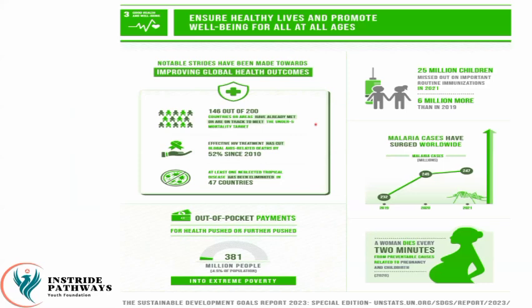And another achievement so far is that deaths have reduced. Effective HIV treatment has been put in place, and about 52% of the global population have access to HIV treatment, and at least one neglected tropical disease has been eliminated in 17 countries in the world.